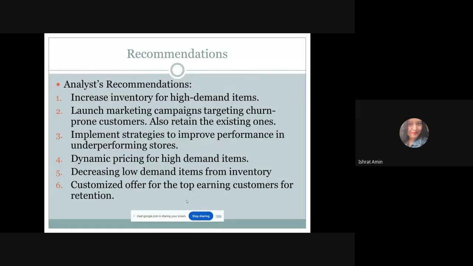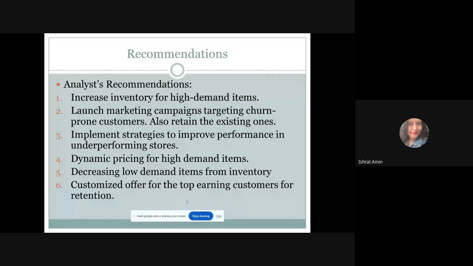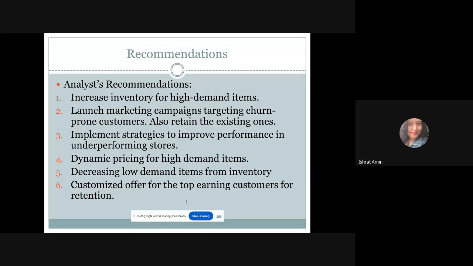Also try to retain the existing ones by offering customized offers. Then implement strategies to improve performance for underperforming stores, which I have also mentioned earlier. Dynamic pricing for high demand items, removing low demand items that are not performing well from inventory, and customized offers for top earning customers for retention.